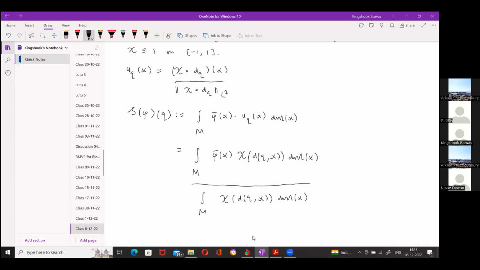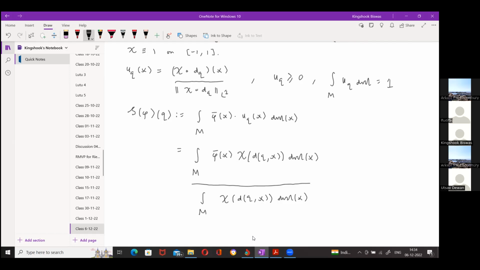So first of all, notice, why do I want this u_q to have L1 norm 1? So this u_q is greater than or equal to 0, and the integral over M of u_q dvol is 1, right?